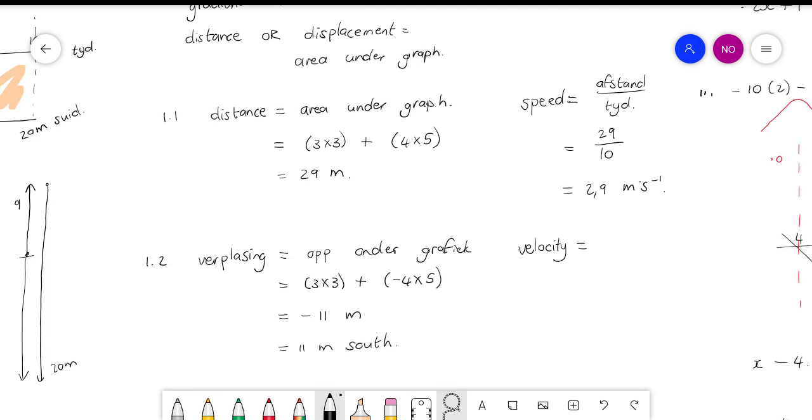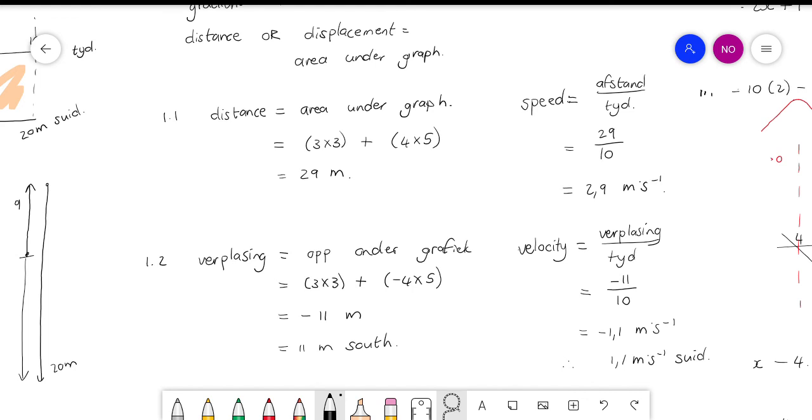Because to get a vector, you need to use a vector. Selfs, hy moet 'n rigting by hê.